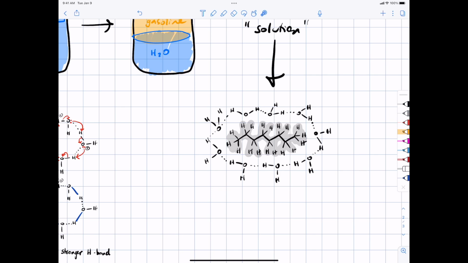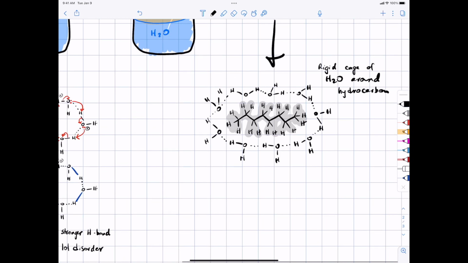Okay? And what you end up with is this somewhat rigid cage of water molecules around the hydrocarbon, if we were to be able to dissolve the hydrocarbon in water.